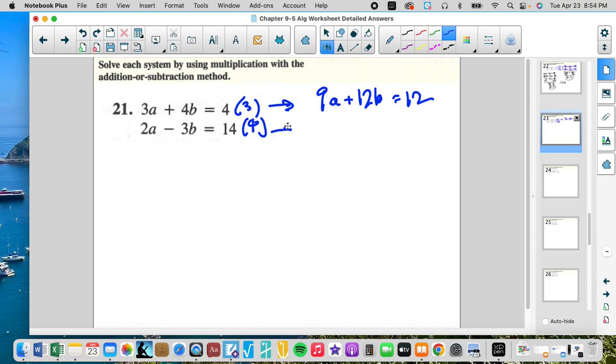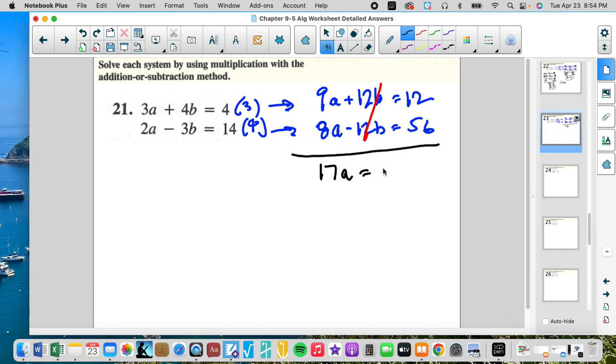I'll get this right. That is 8a minus 12b equals 16. That's a weird one. The b's cancel. 17a equals 68.